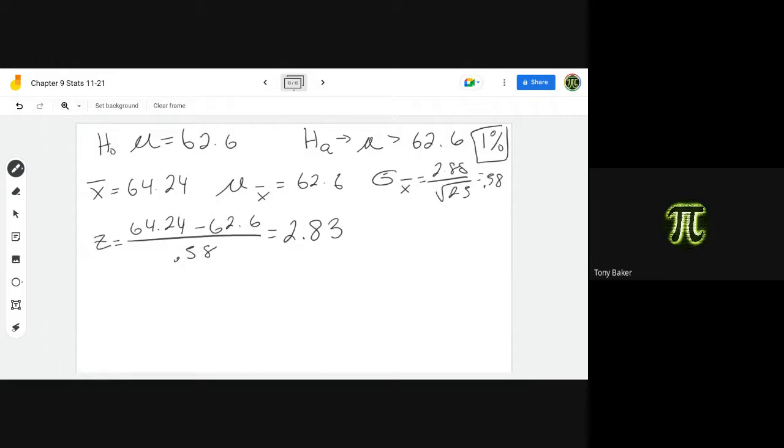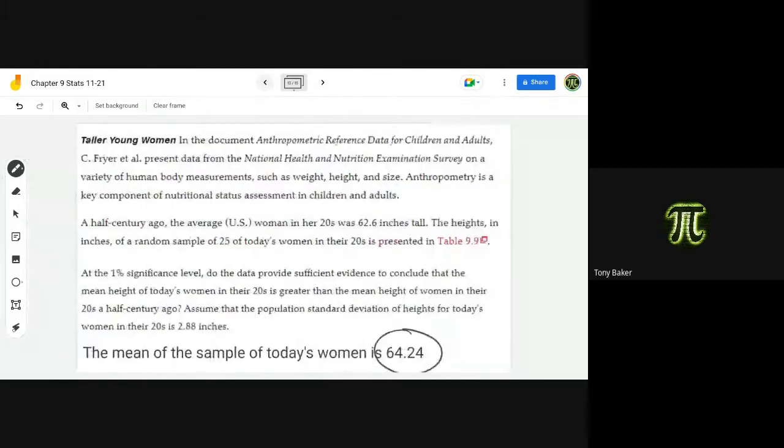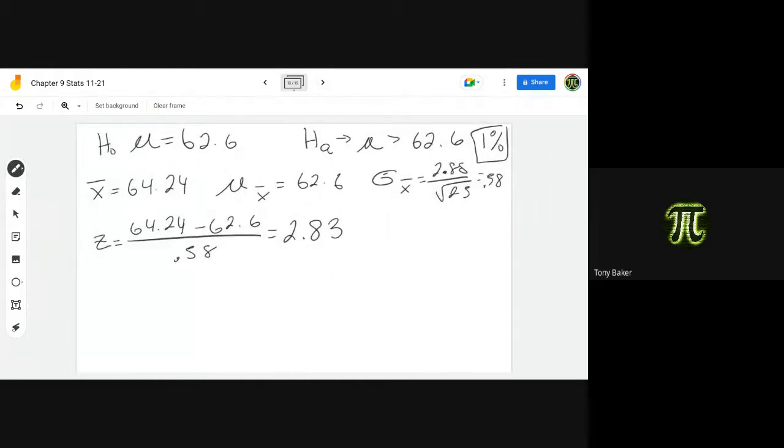It was the standard deviation, which they told us was 2.88 right there, divided by the square root of the sample, which was 25. Are we good to that point? Yes.